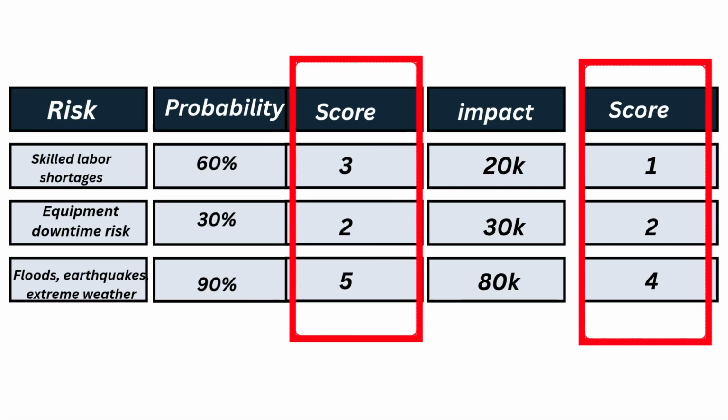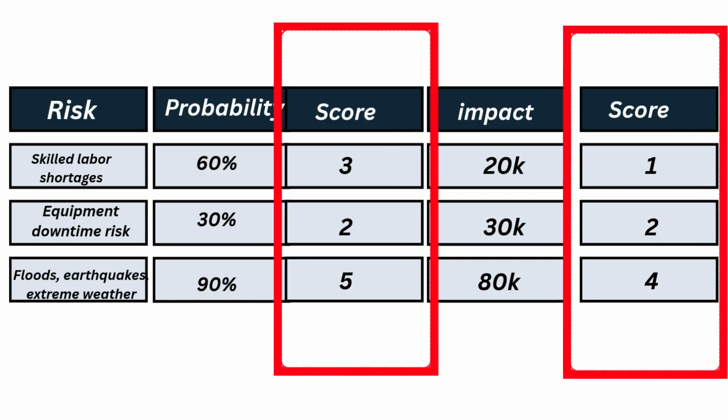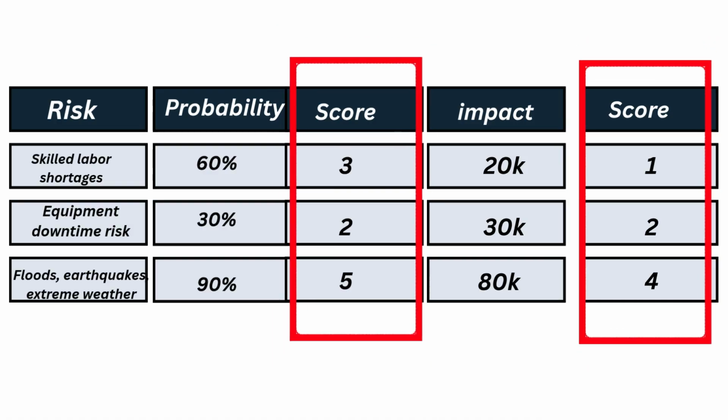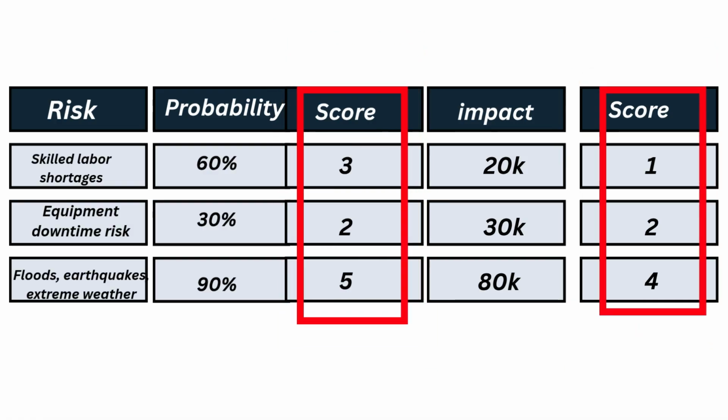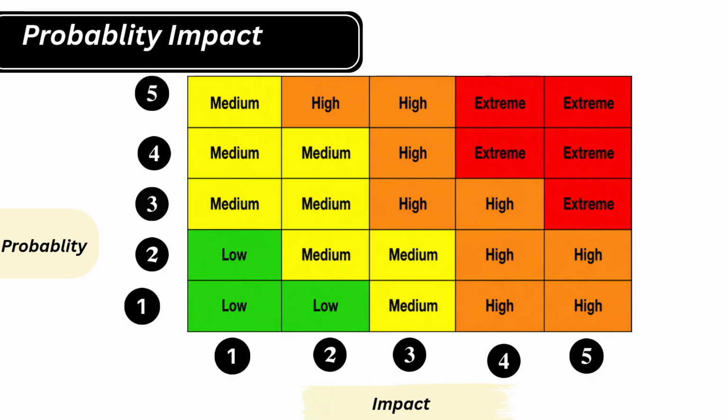Alright, so now we have the risk probability score and risk impact score. Now we have to use both these scores to find out the quality of each risk. So let's see how to do this exactly. To calculate the quality of risk using the risk impact score and probability score, we can use this probability impact matrix.